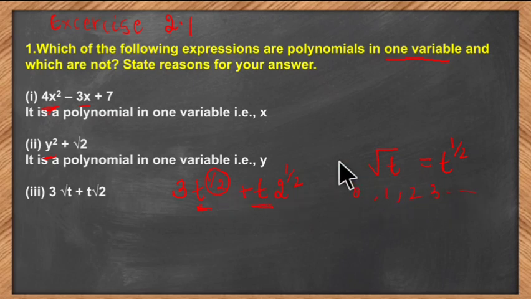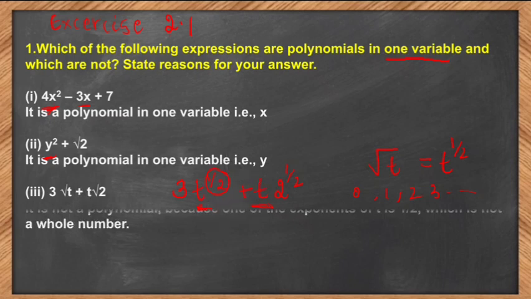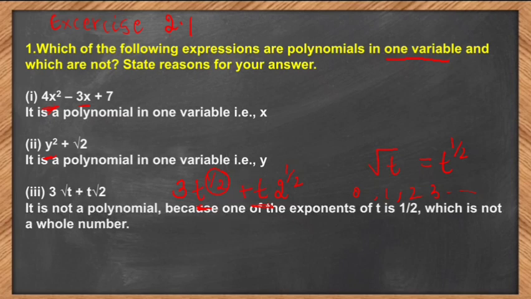Here the variable is having power half, so this is not a polynomial of one variable, right? It is having the same kind of alphabets, but the power is not a whole number, so first of all, this is not a polynomial.